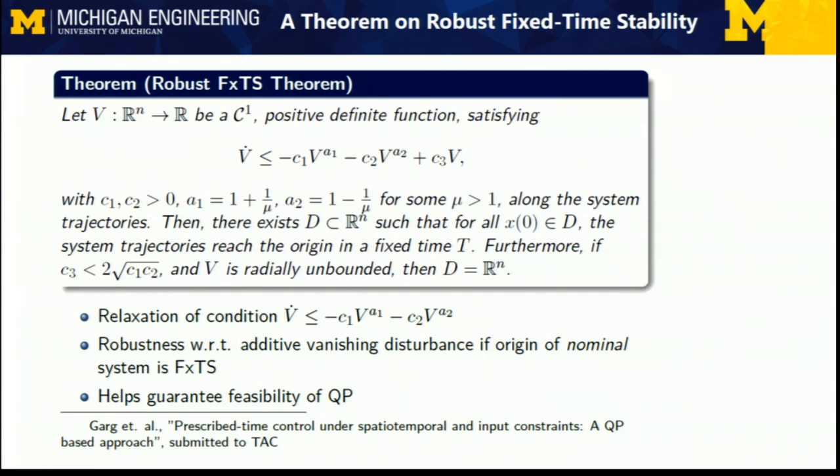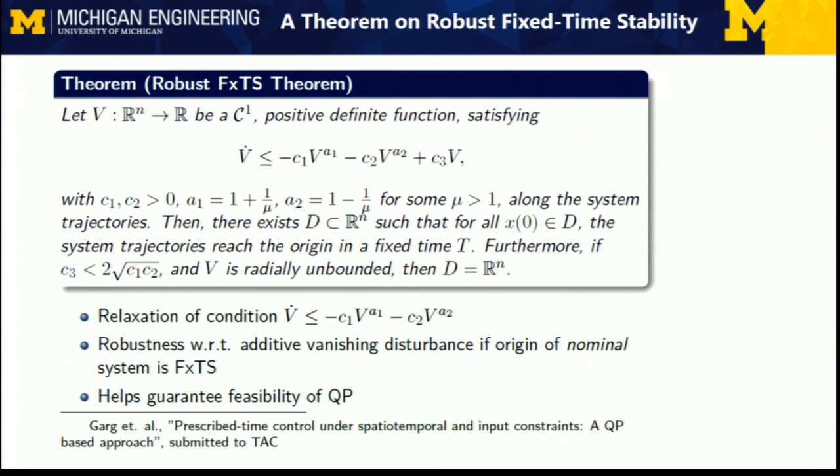So essentially, you can think of it as a robustness of the fixed time stable equilibrium of a system that is subject to additive vanishing disturbances, if the origin of the nominal system is also fixed time stable, okay? So for vanishing disturbances, fixed time stability is not disturbed.